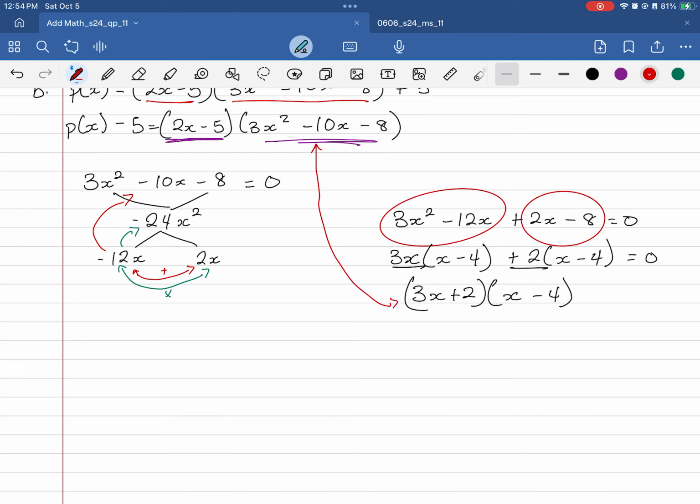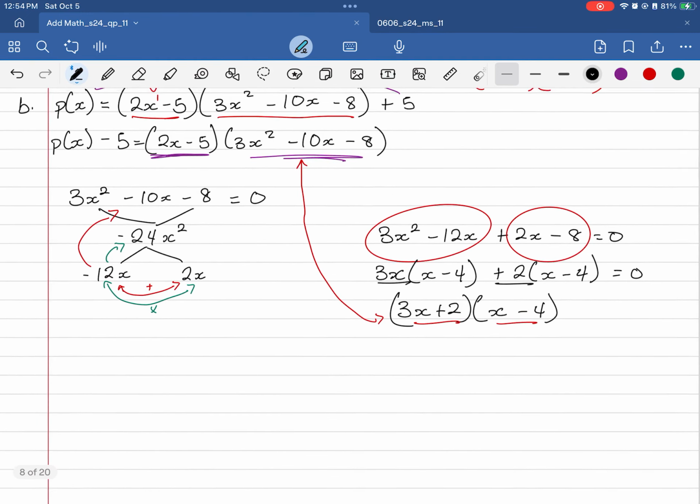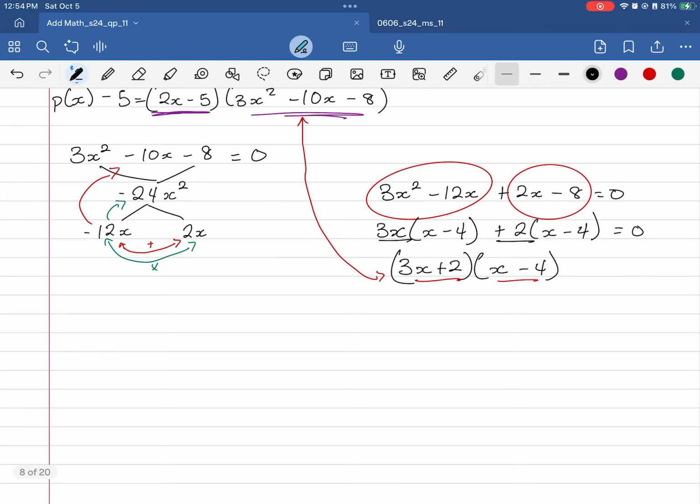These are linear factors. If you're not sure of your linear factors, you can actually multiply it out and see if you get it. I'm just going to quickly multiply this out. If you multiply this out, you get 3x squared, minus 3x times minus 4 is minus 12x, plus 2x minus 8.